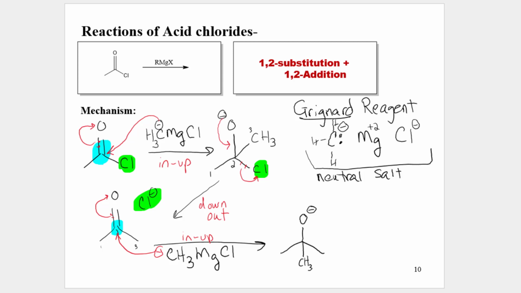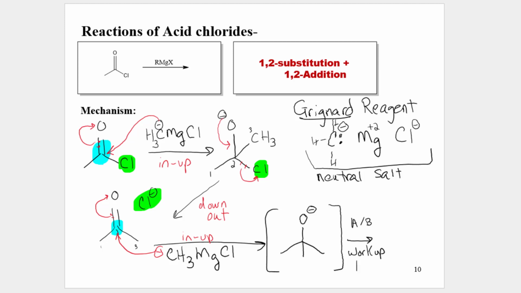Can the electrons come back down? Nope. So it's stuck here in this tetrahedral intermediate. It can't come down because if it comes down, it would have to kick out, pick one, anyone, a carbon. That's not going to happen. So it's stuck. And all we have left to do is acid-base workup.